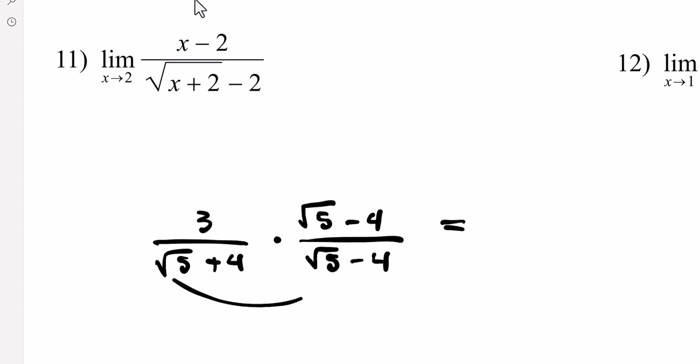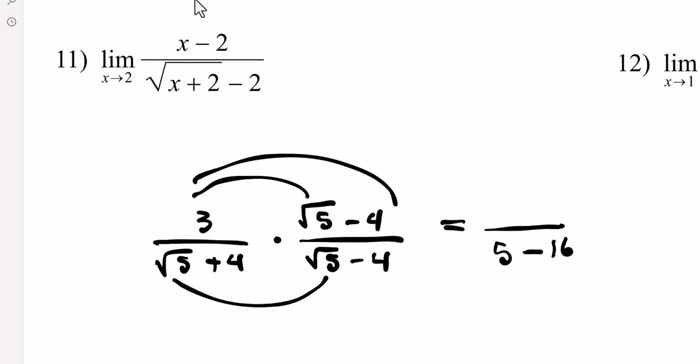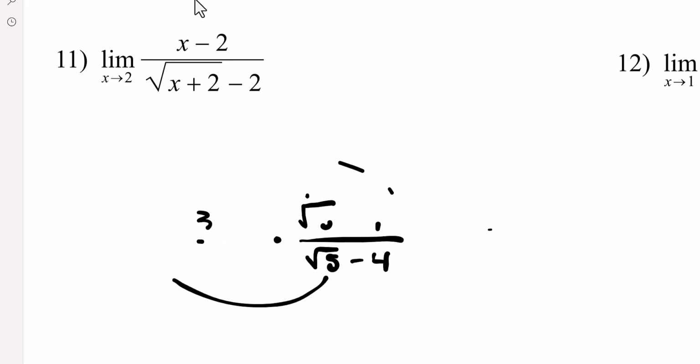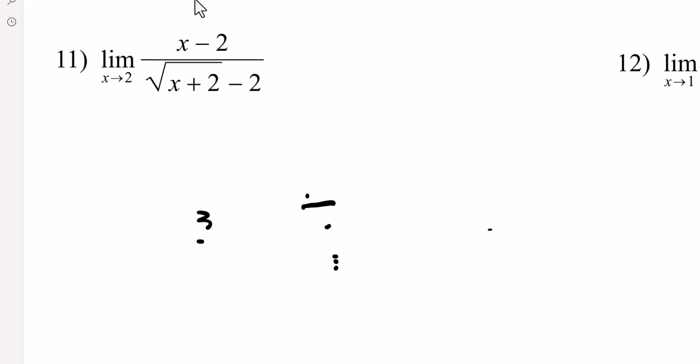And then root 5 times root 5 is 5. Positive 4 times negative 4 is negative 16. And in the numerator, you'd go ahead and multiply that out. Okay, so the same thing applies. Part of the reason you practice some of those skills is so that when you get to calculus, you already have those skills. All right.